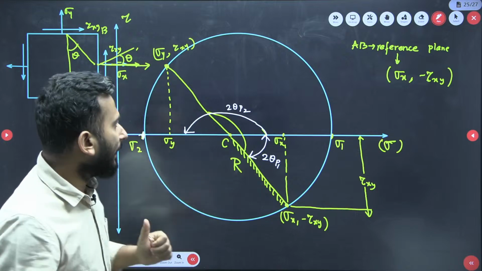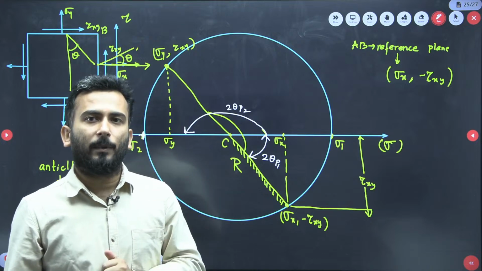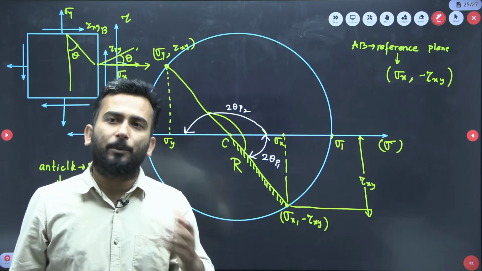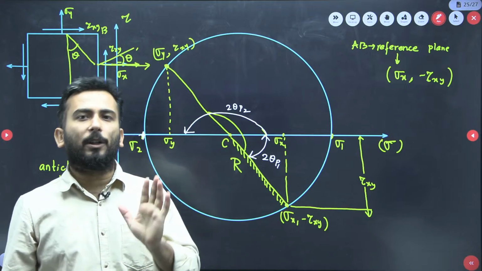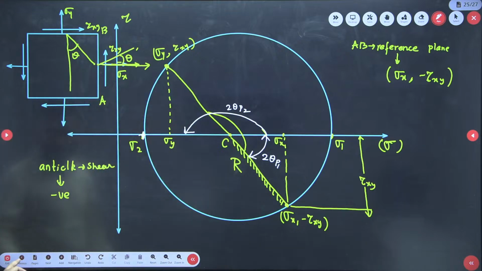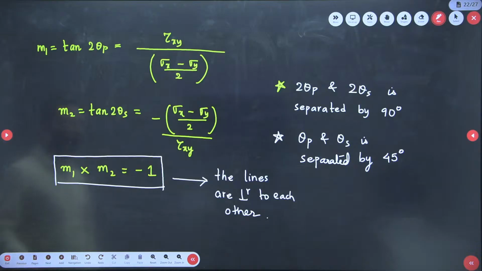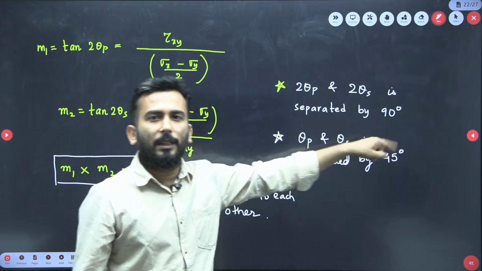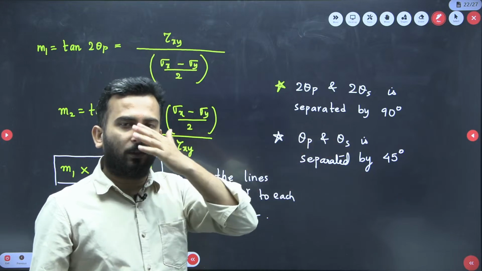Second, if I have to locate the maximum shear stress plane, which is the point representing maximum shear stress? You know that the angle between the principal plane and the shear plane is 45 degrees. We have discussed this. 2 theta p and 2 theta s are separated by 90 degrees. So if I have to discuss Mohr circle, let us focus directly on the 2 theta value, because I know that it is all 2 theta on Mohr circle.